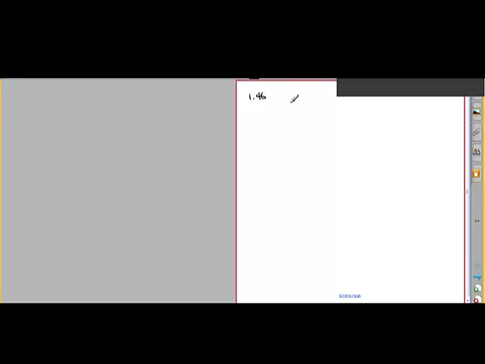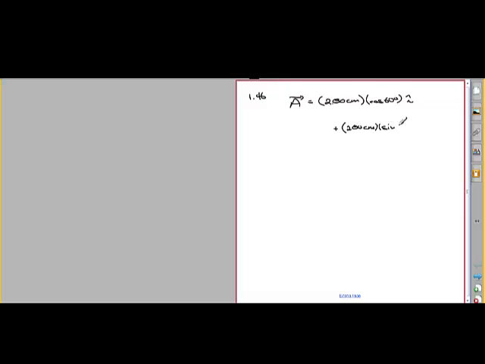So we have vector A, which is, well, we've got to figure that out, but it's going to be equal to the magnitude of the vector times the cosine of 60 degrees times i hat plus the magnitude of the vector times the sine of 60 degrees times j hat.